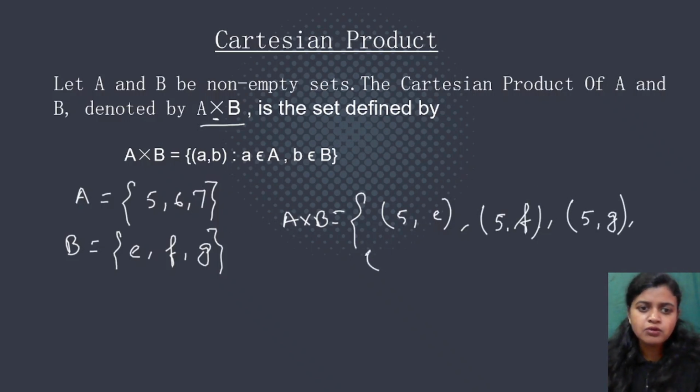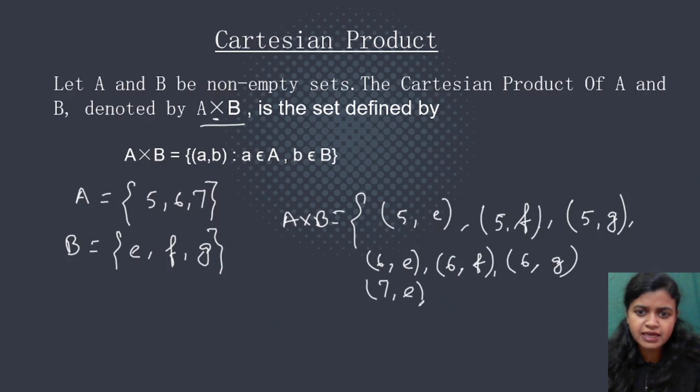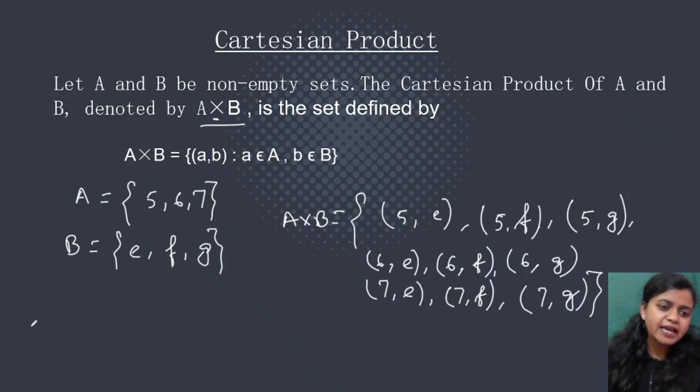Then we write (6, E), similarly (6, F), next (6, G), and next (7, E), (7, F), and (7, G). Clear?